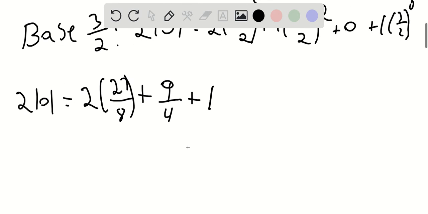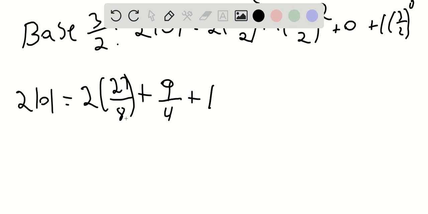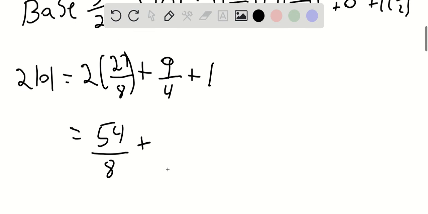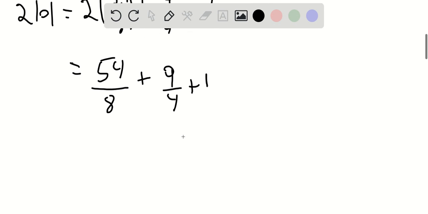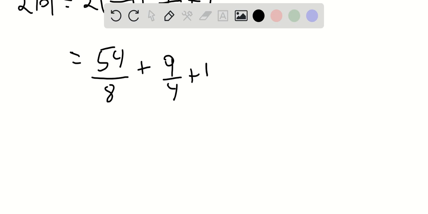All right. Can we work this out? We have 2 times 27/8. That's 2 times 27, which is 54. So this is going to be equal to 54/8 plus 9/4 plus 1. To add these fractions, we're going to need a common denominator of 8.